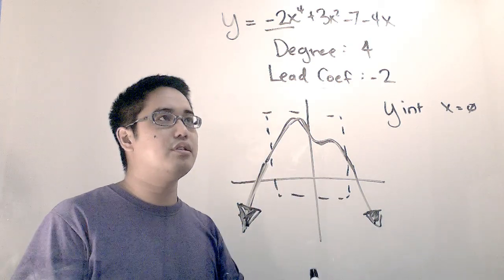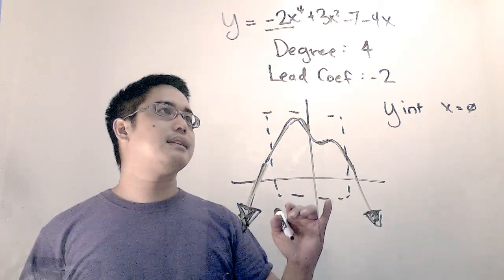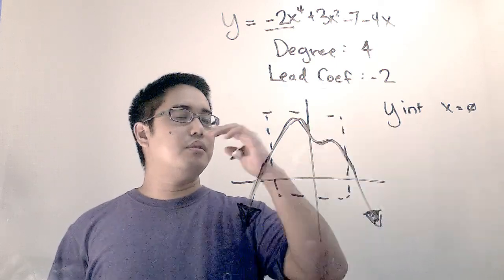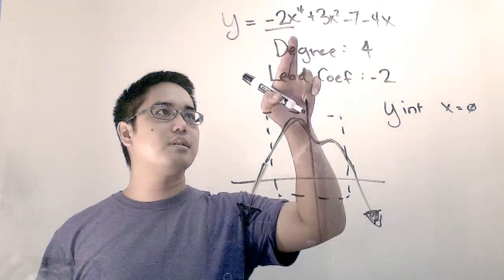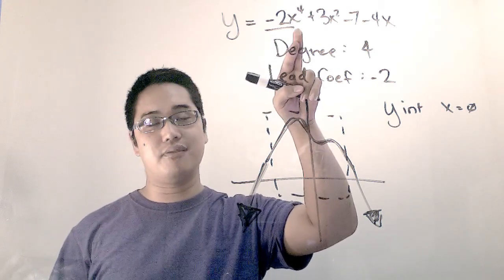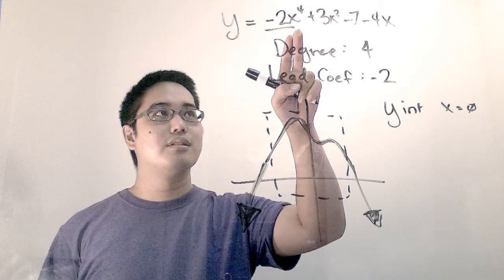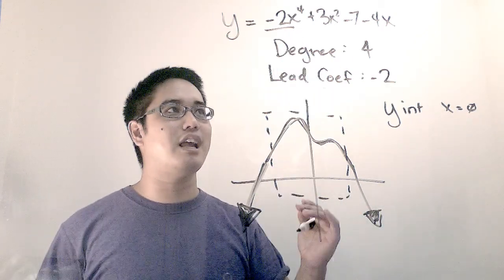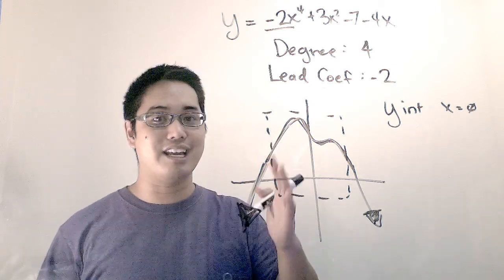One of the things you should notice is that if x equals 0, it's kind of nice because 0 to the 4th power is still 0. Multiply that by -2, you get 0.